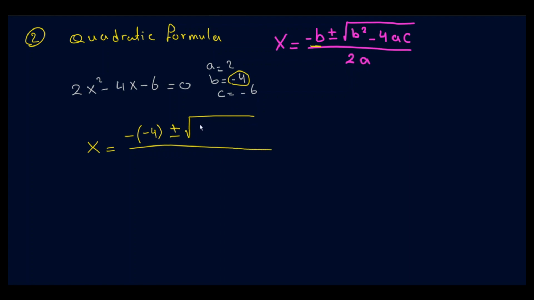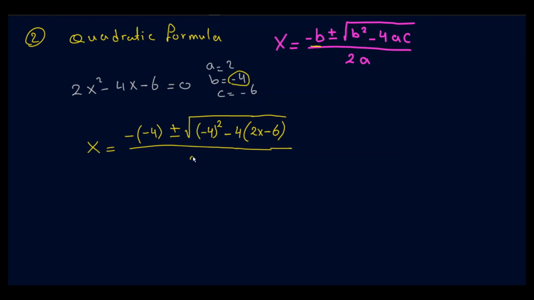b squared, again, put it in a bracket. b is equal to -4, close the bracket, all of this squared, minus 4 multiplied by, open bracket, a times c, 2 times -6, and all of this is underneath the square root.